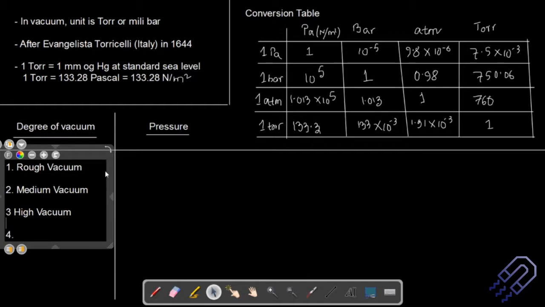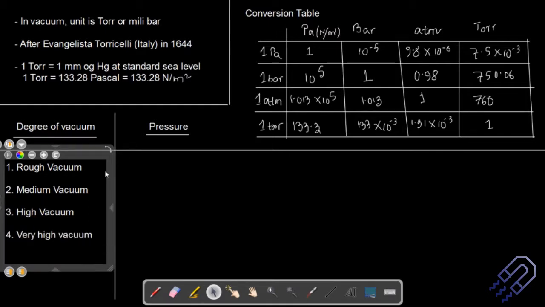Fourth one is very high vacuum. And finally we call it ultra high vacuum. So these are certain vacuum ranges that we have.